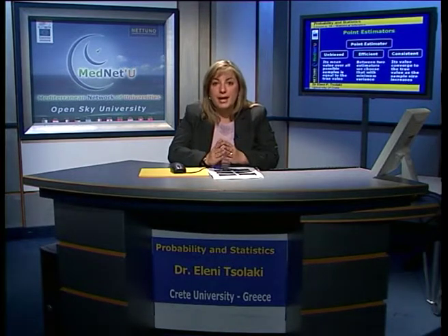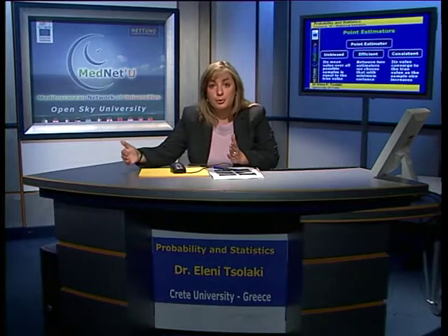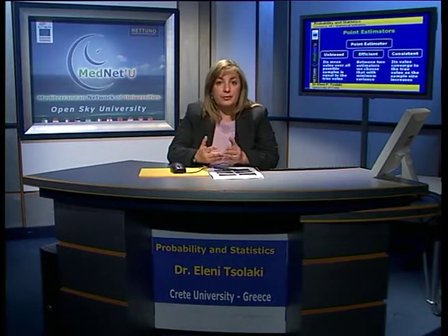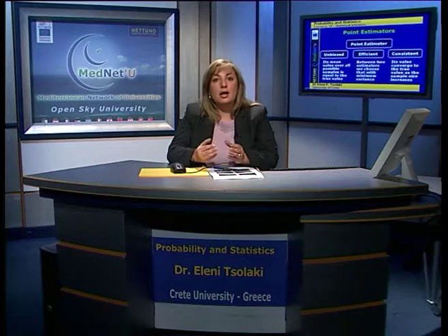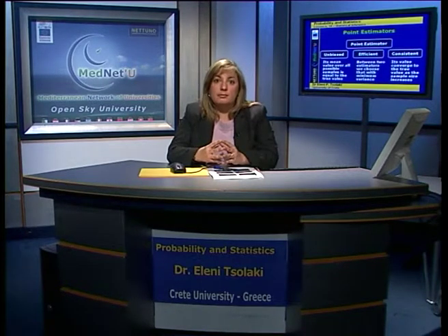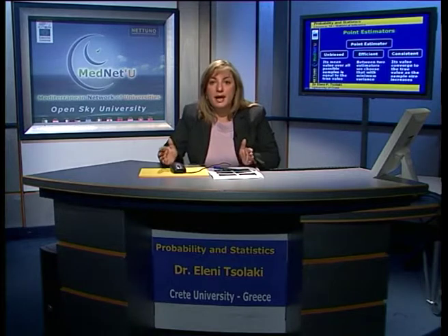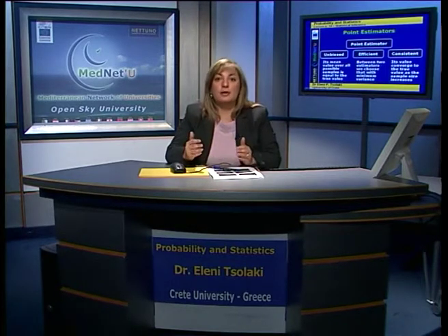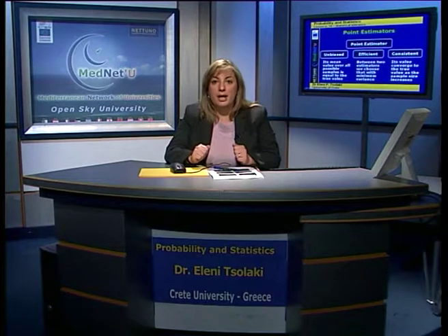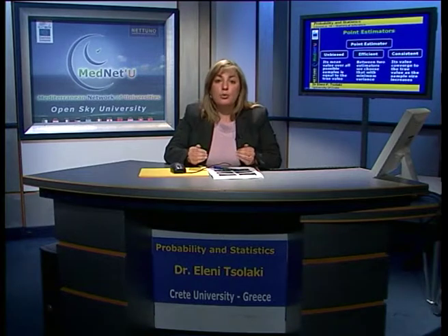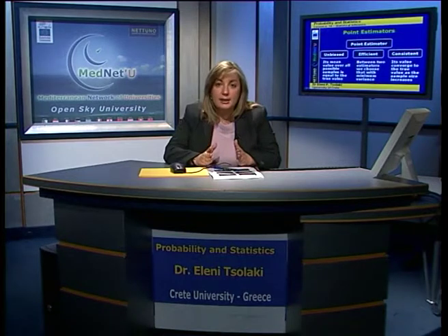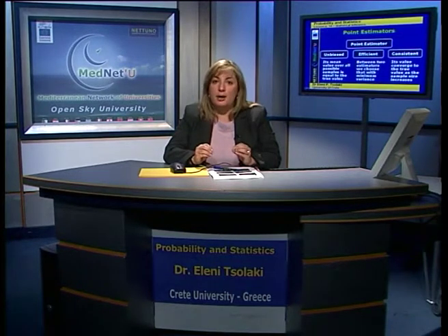Of course, we would expect that the closer we get to the population, the closer the estimator gives us a value to the true value of the parameter of the population. So in the end, if, for example, we can collect all data from the population, we actually get an estimator whose variance is 0. We have exactly the value of the population.